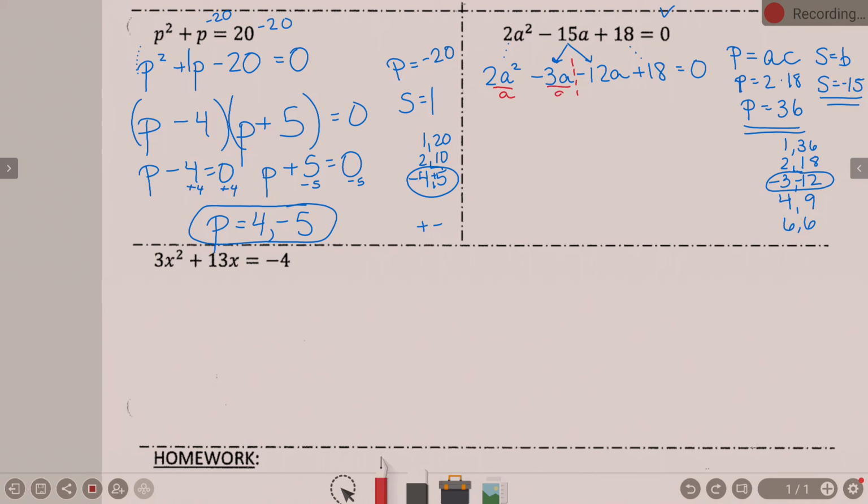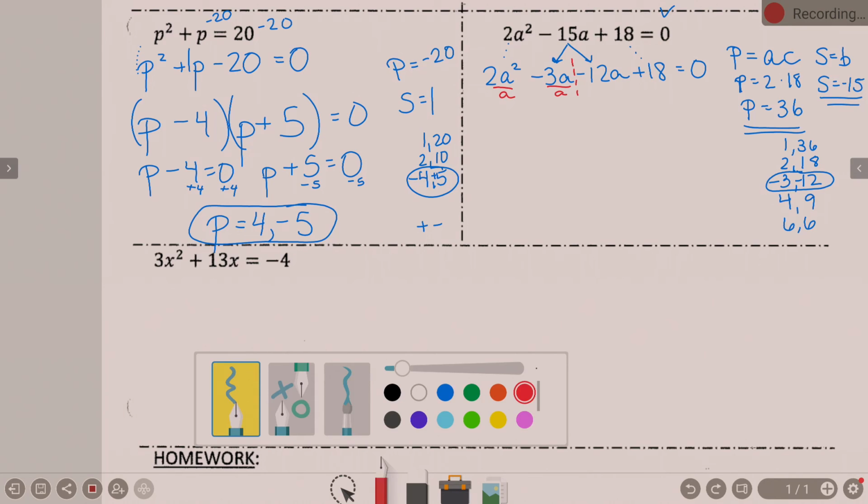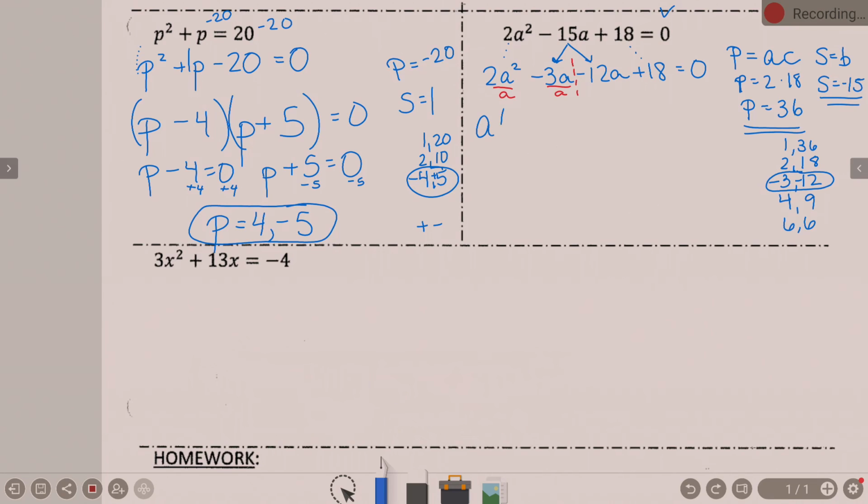So we're going to divide both of these pieces by a. 2a squared divided by a: one of the a's cancels and you're left with 2a. Minus 3a divided by a: the a's cancel and there's a 3.